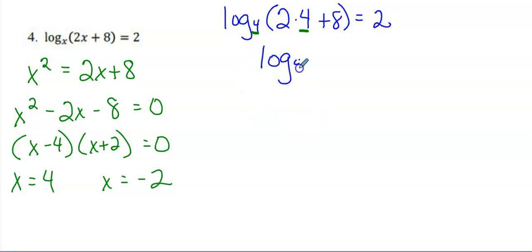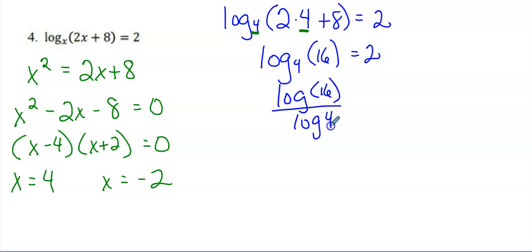So log 4, and this is 16. And 4 squared is obviously 16, but we'll go ahead and use change of base. Get used to it. You're going to be doing that a lot with our word problems coming up too. So if you enter log 16 divided by log 4 in your calculator, it would give you 2. So 2 equals 2. So the 4 solution checks out.